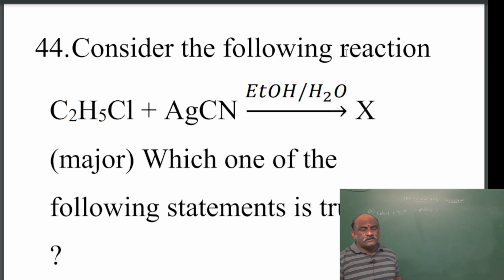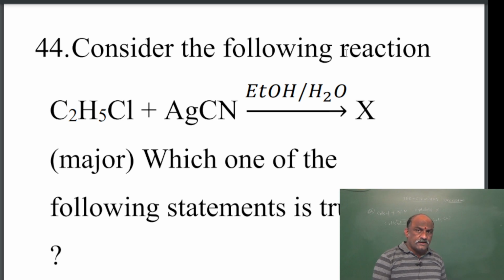So C2H5Cl is chloroethane. When chloroethane is treated with KCN, C2H5Cl plus KCN, removing KCl, we get C2H5CN, which is ethyl cyanide.